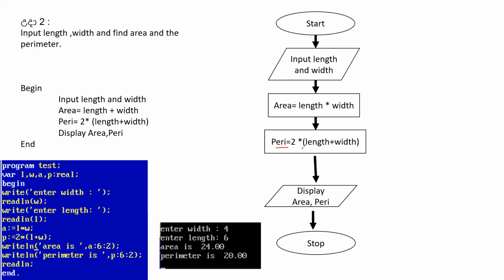Usually when you are doing the processing, you can take separate process boxes, but for input and output you can use the same box. Then you are displaying the area and the perimeter. Now go through the pseudocode here. The same thing you are writing.